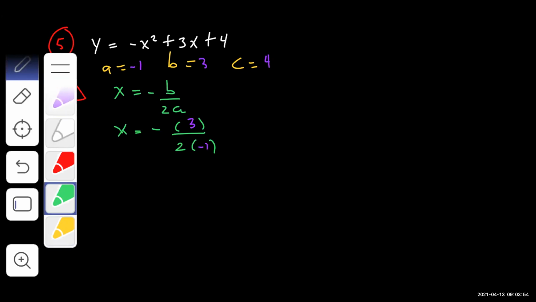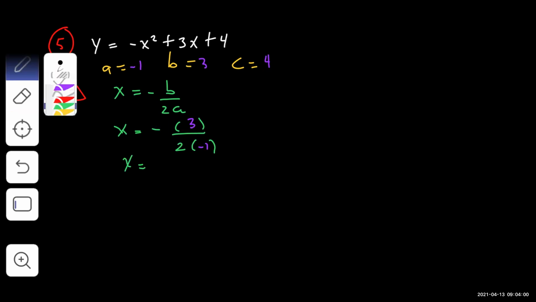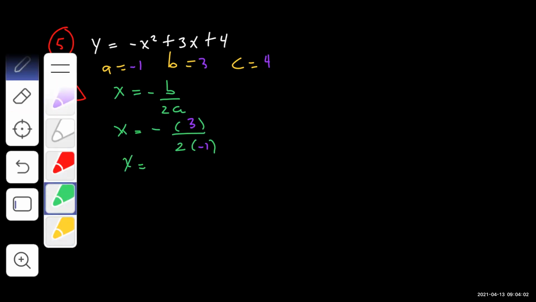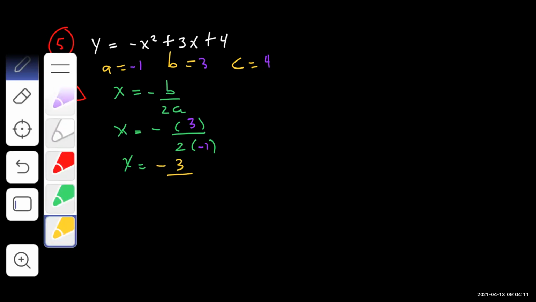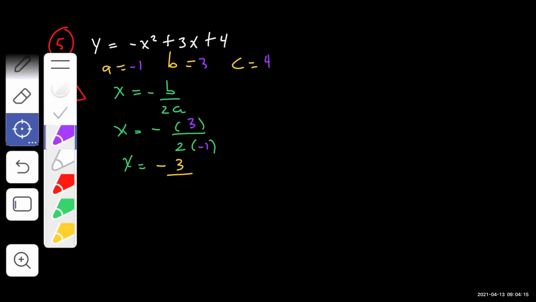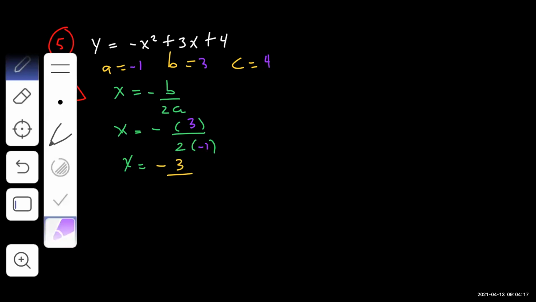Let's try to simplify that. In the numerator, -3 stays -3, over 2 times -1, which is -2. You're with me?